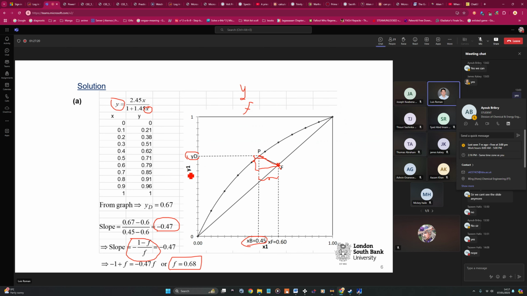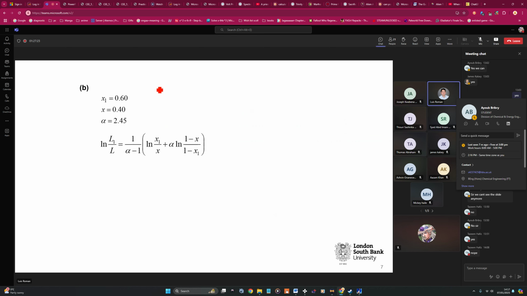Okay, let me go forward. This is the information that we have: the composition of the liquid at the beginning, the composition of the liquid at the end, and the relative volatility. Because we can use the Rayleigh equation, this is the Rayleigh equation.